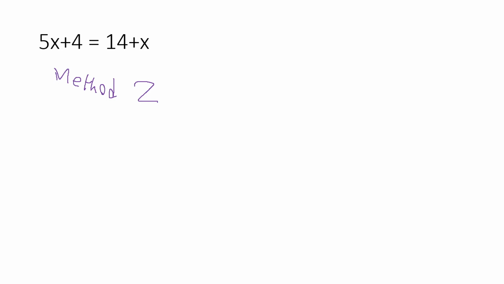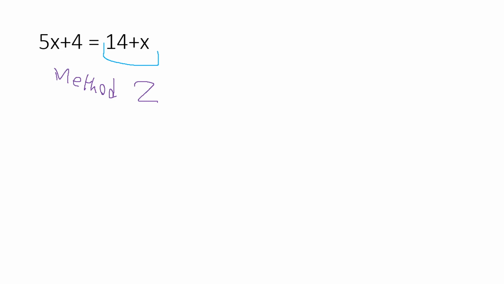What they did is they picked a side. It doesn't matter which side. So in this case, I'm just going to pick my right-hand side. And all they did was minus everything from this side and put it on the other side.